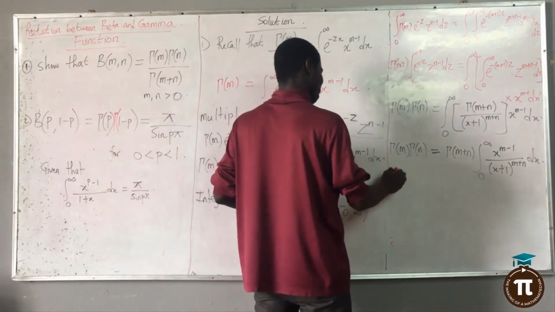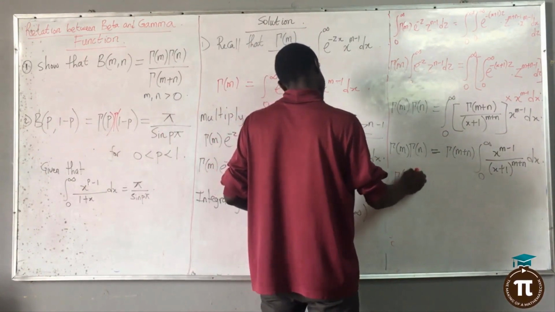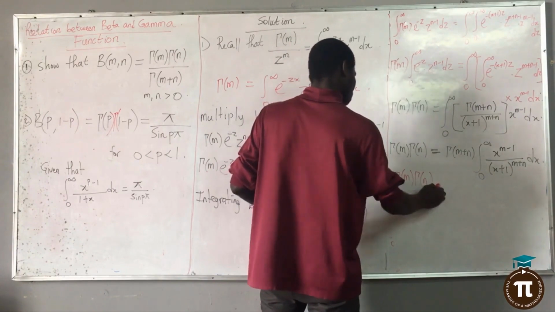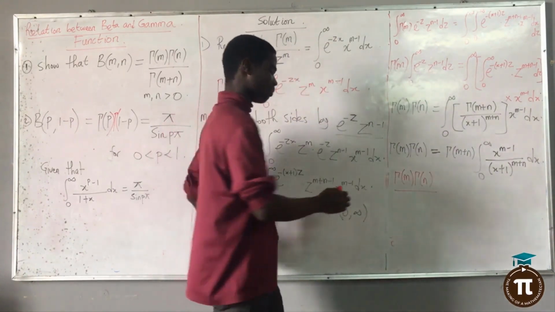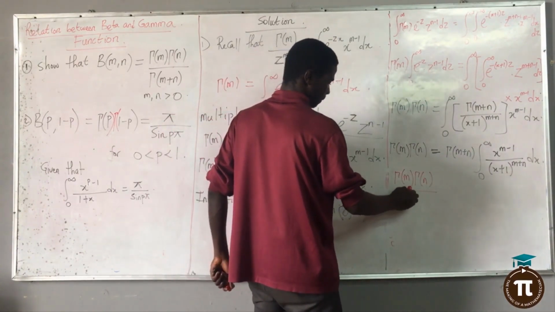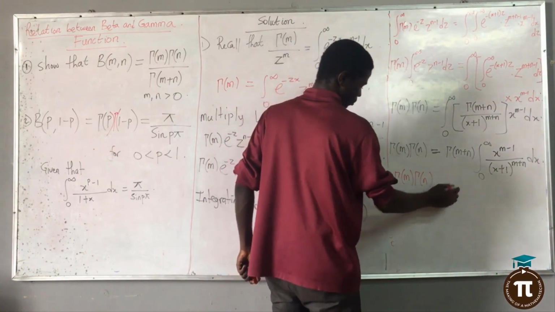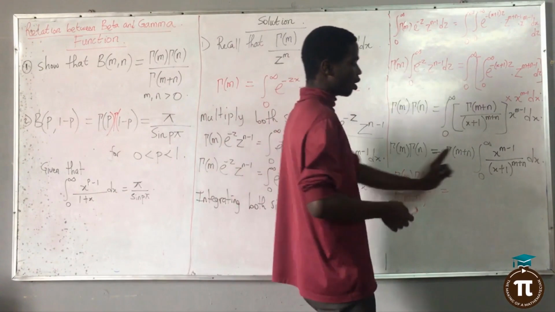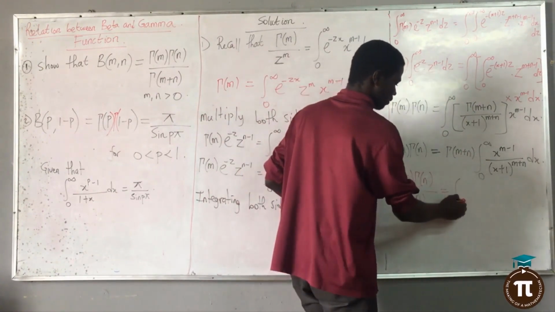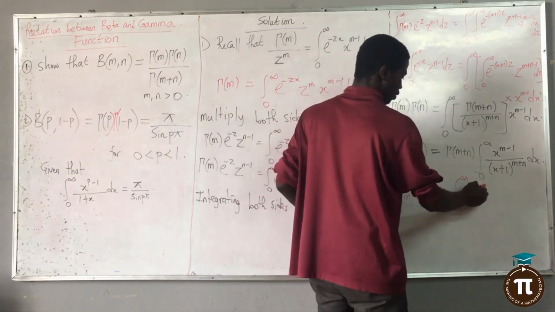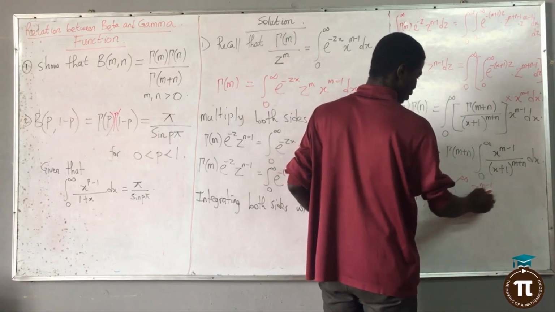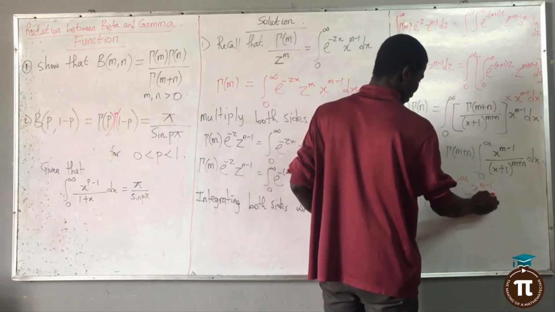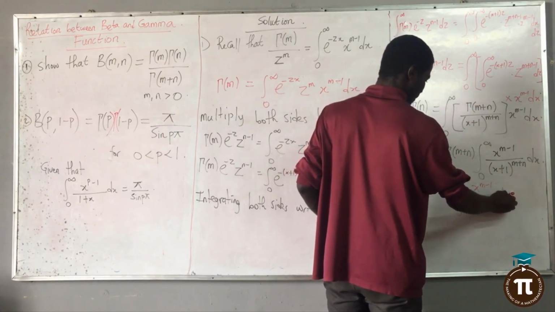Divide both sides by gamma of n plus n. So I will have gamma of n over gamma of n plus n is equal to this integral I have here, integral from 0 to infinity of x raised to the power of n minus 1 over (x plus 1) raised to the power of n plus n.